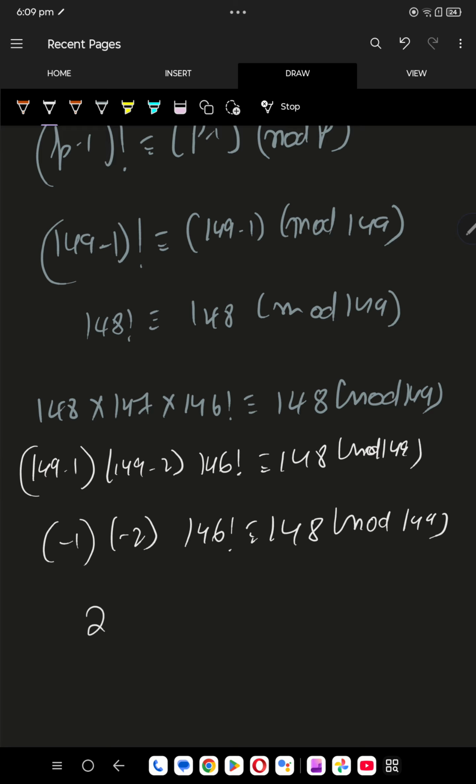So it's going to be 2 into 146 factorial congruent to 148 mod 149.